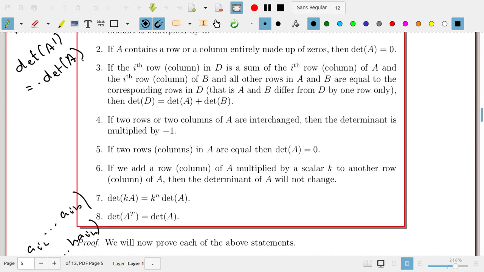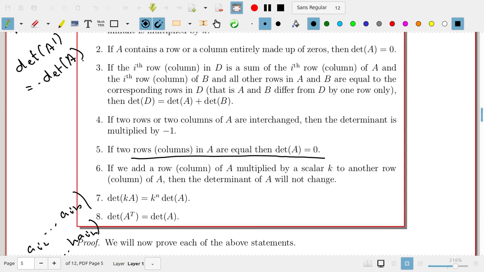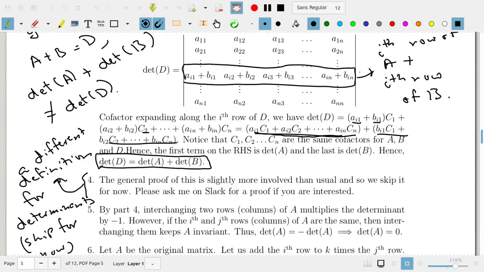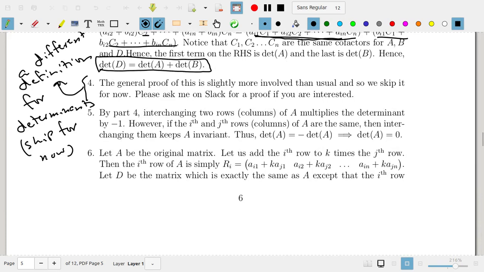Okay, part 5. Part 5 tells us that if two rows or two columns of A are equal, then the determinant of A equals 0. Well, that's because, remember what part 4 tells you? Part 4 tells you that if you switch two rows or two columns, the determinant is multiplied by -1. Now, let's say the ith and the jth rows are the same.